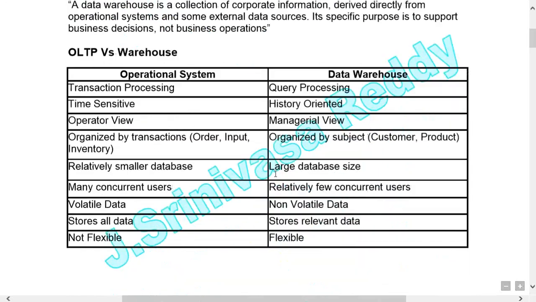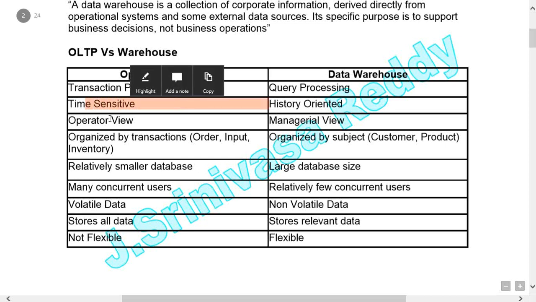So here is the comparison table between operational systems and data warehouse systems. Operational systems are exclusively meant for transactional processing. Data warehouse systems are exclusively meant for query processing. Operational systems contain time-sensitive data, that is operational data.